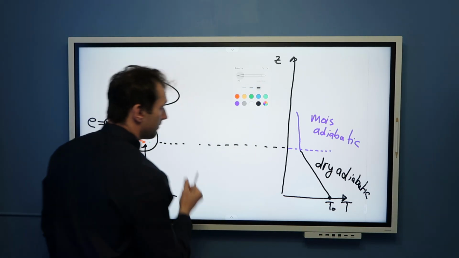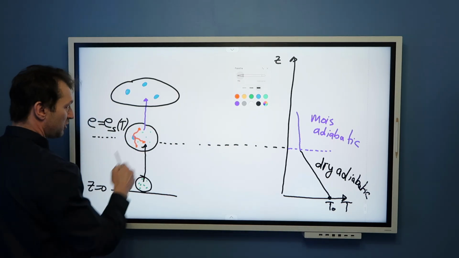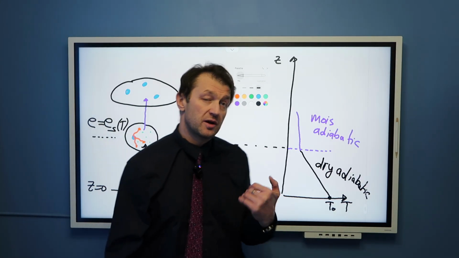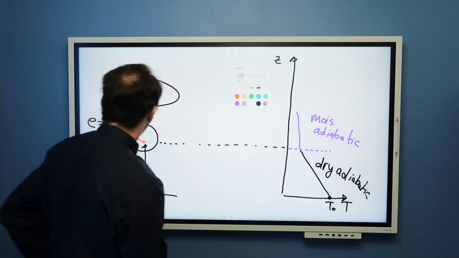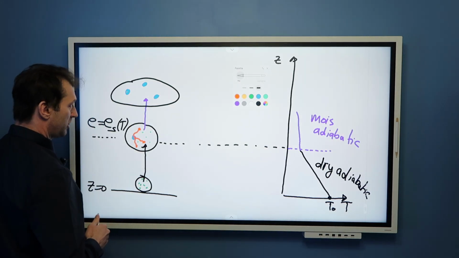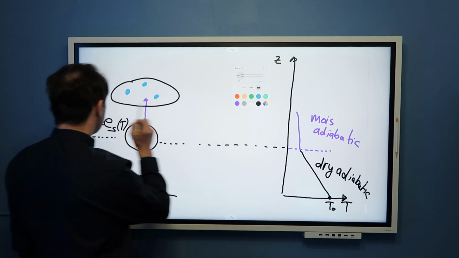Now, as we discussed in the previous lecture, we don't have to do it, but we can also remove these condensates. That's what we discussed in the previous lecture if we want to define equivalent potential temperature. Anyways, at this point, notice that there are no more green dots, no more water vapor. And the air parcel is at this height.